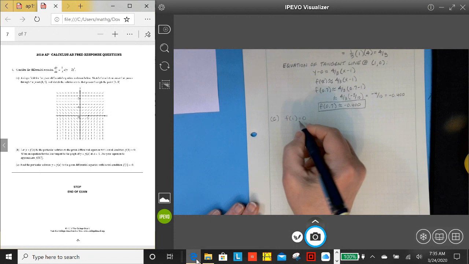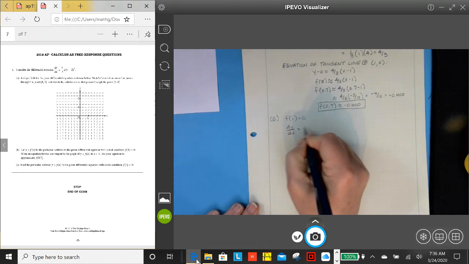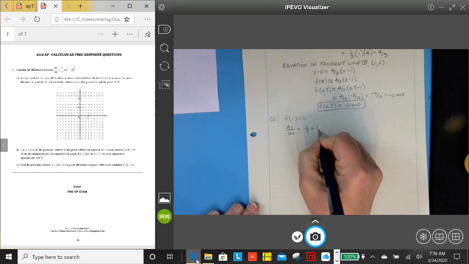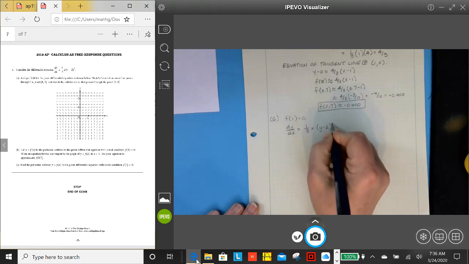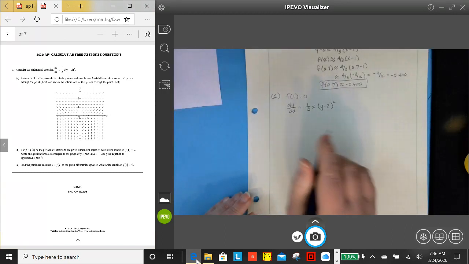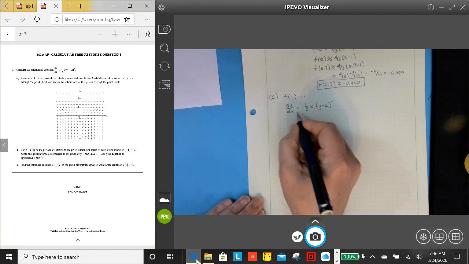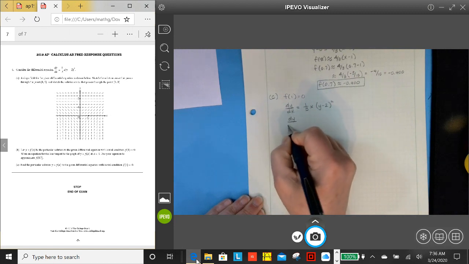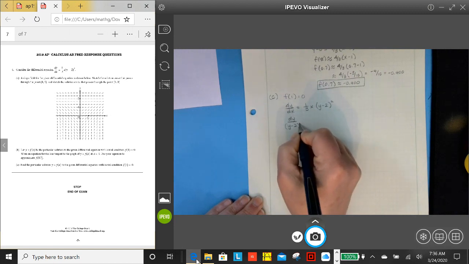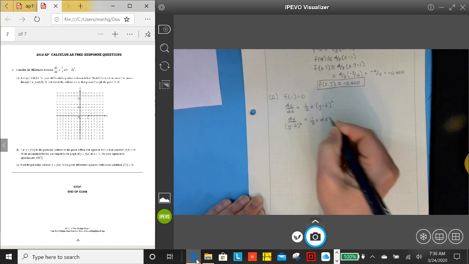And our differential equation is dy/dx is equal to 1/3 x times (y minus 2) quantity squared. And to solve a differential equation, we have to use the method of separation of variables. So I'm going to take the y expression and divide. So it would be dy over (y minus 2) quantity squared equals 1/3 x, and multiply by dx.